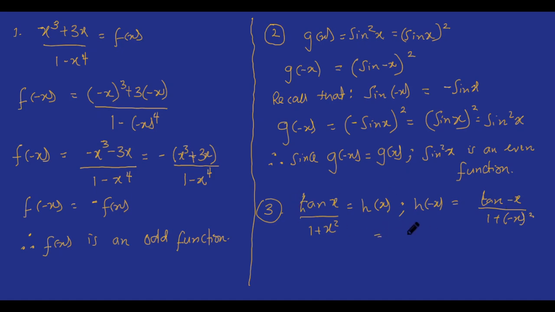So this equates to minus tan x from our knowledge of trigonometry divided by 1 plus x squared, and this is minus h of x. So since minus h of x is the same thing as h of minus x, we have that tan x divided by 1 plus x squared is an odd function.